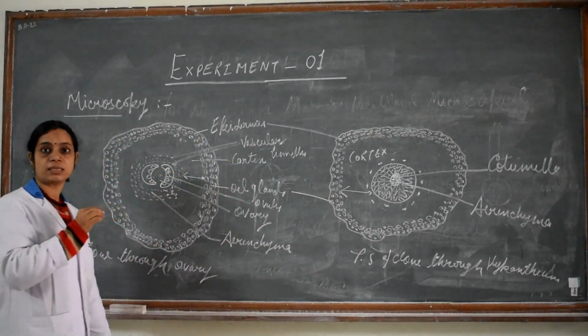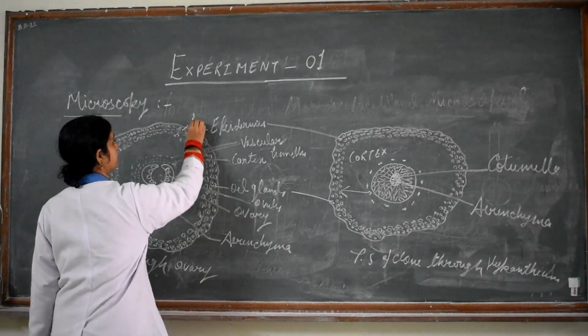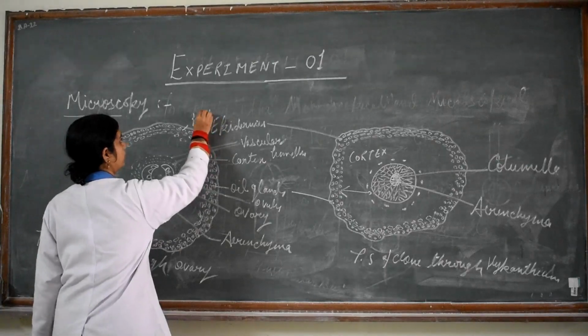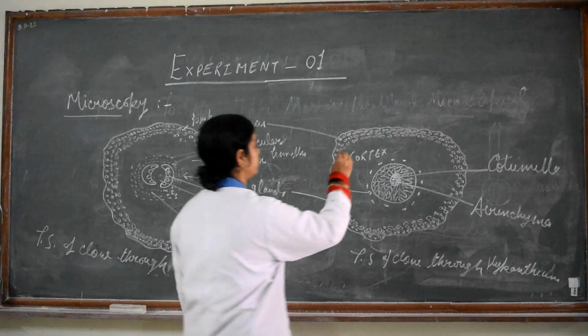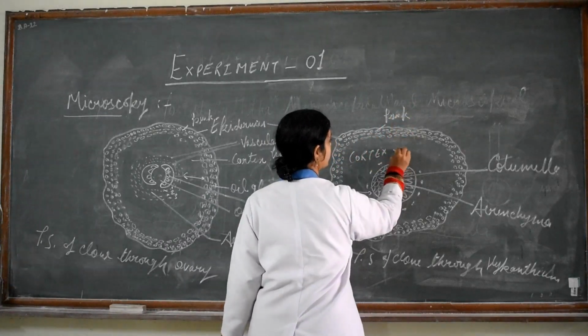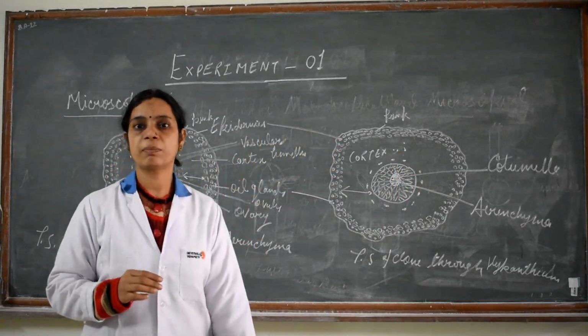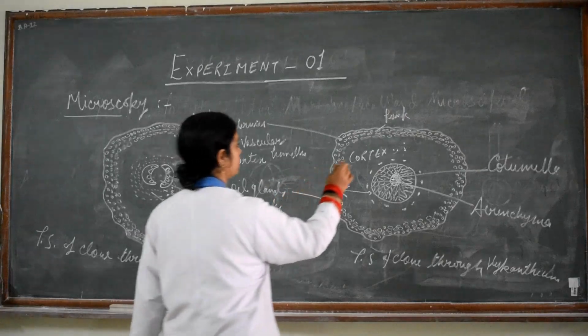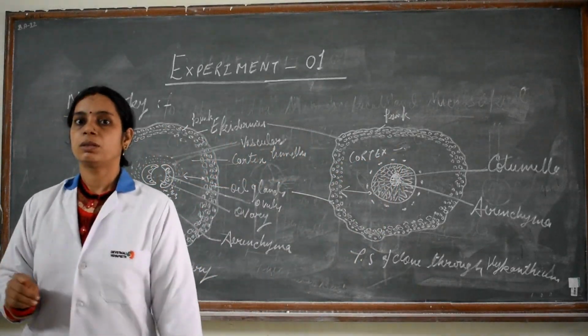As it is visualized in the sections, the oil globules were pink in color. Why is it pink? Due to the presence of oil. And in this region, cells were present, which is called the cortex.